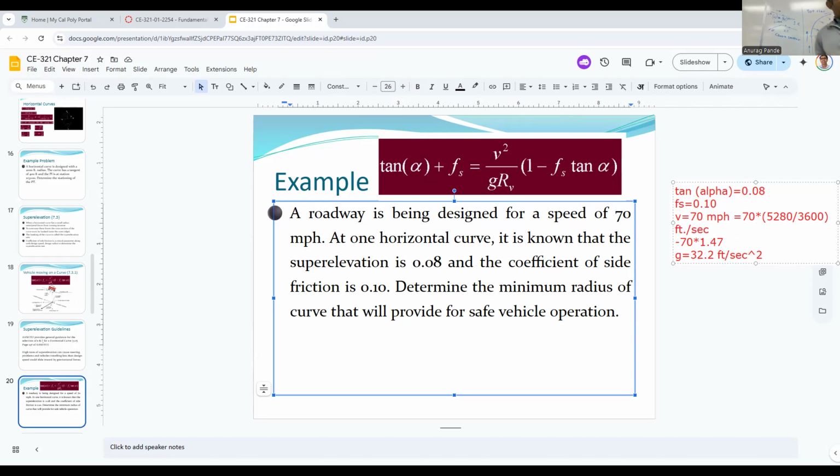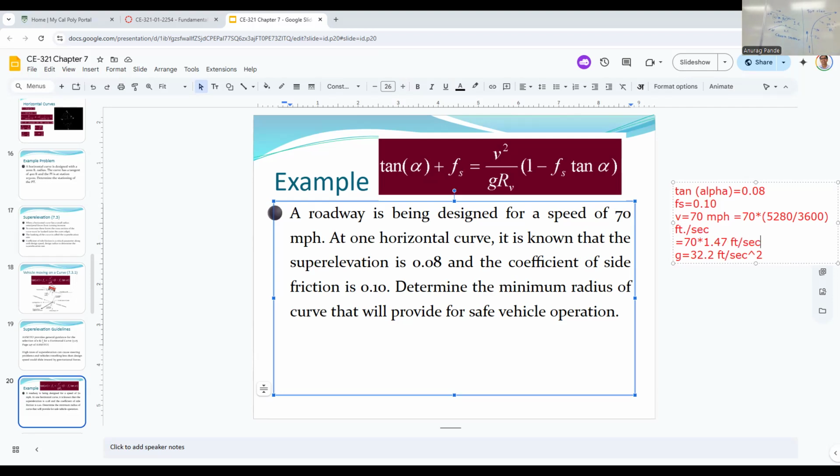Remembering this ratio might be helpful to you: anytime I want to convert a speed in miles per hour into feet per second, this ratio is 1.47. So we got G now, and then 70 times 1.47 feet per second. So I'm good with that.